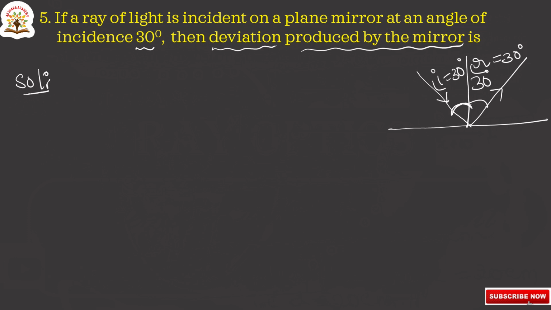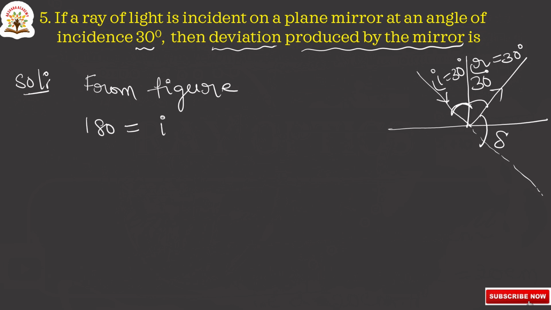So this is the extended incident ray. The angle between the reflected ray and the extension of the incident ray is known as the angle of deviation delta. This is the delta. Now from the figure, 180 degrees is equal to I plus R plus delta: angle of incidence, angle of reflection plus angle of deviation.